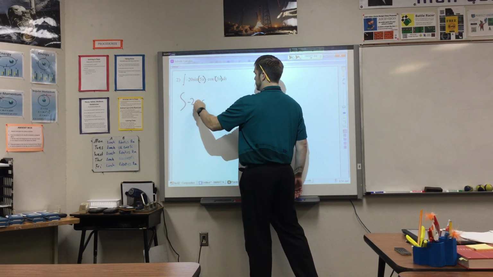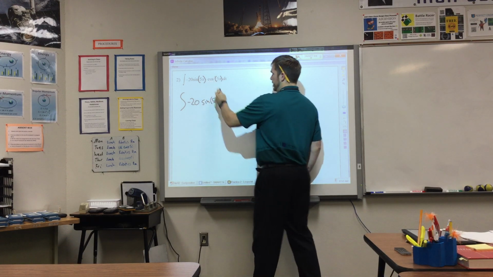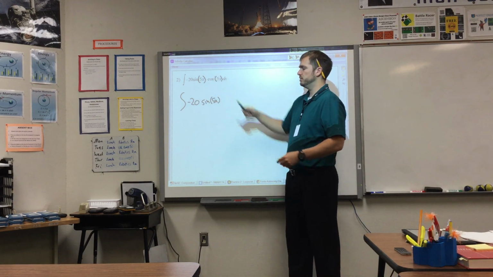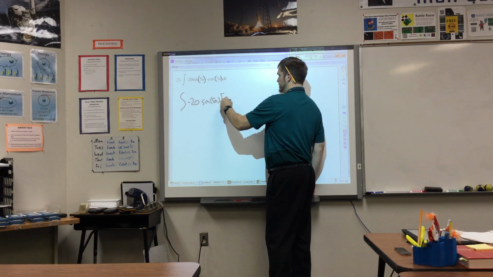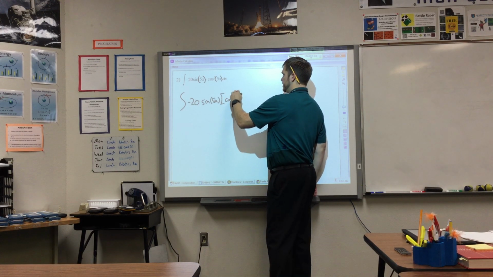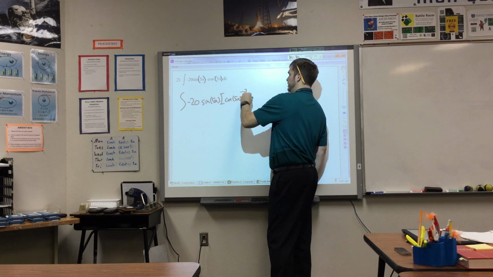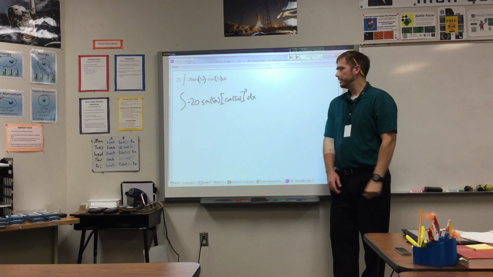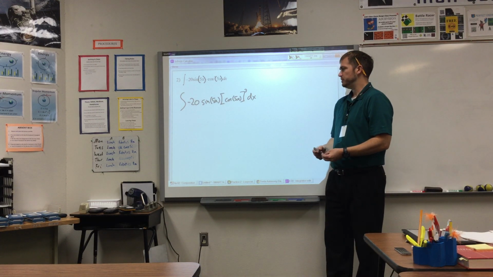I'll say negative 20 sine of 5x. And then you all remember that cube right there, that 3, what that technically means is cosine of 5x, and that whole entire quantity is cubed. So I like to write it in this fashion just because it makes it a little bit more obvious, especially when we're doing our u substitution.